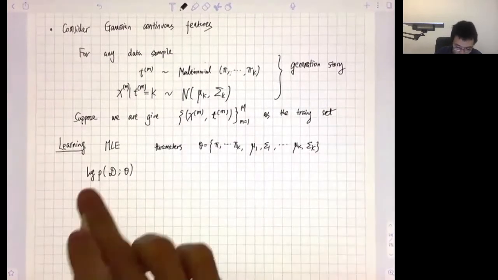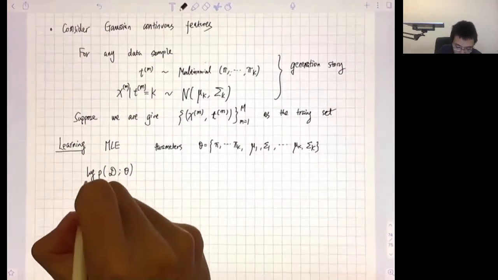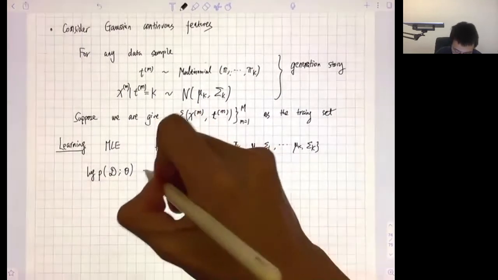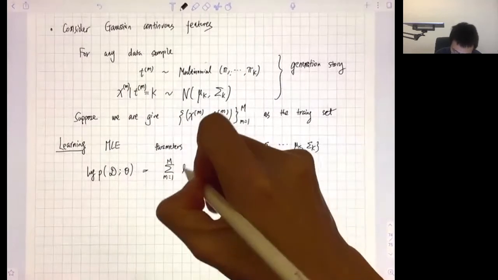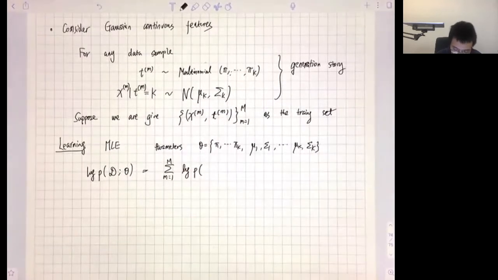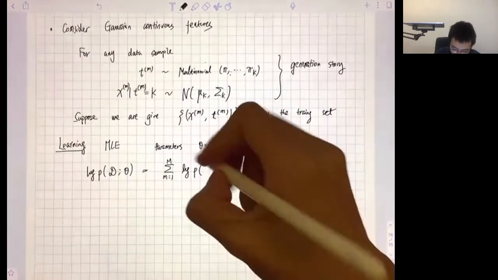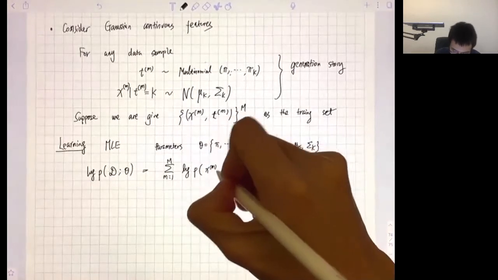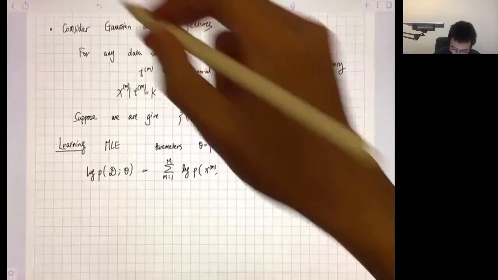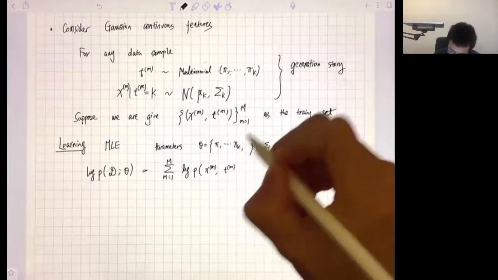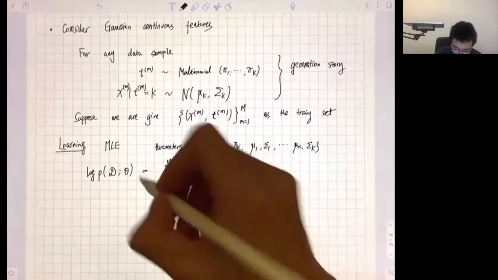These are my parameters. So I would maximize the log likelihood of my data set. And this is the summation over the log likelihood of each data point, okay? And in generative models, I mentioned that it's the joint distribution of the data feature as well as the target with that theta.